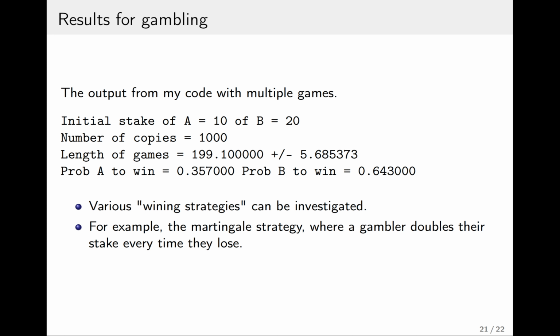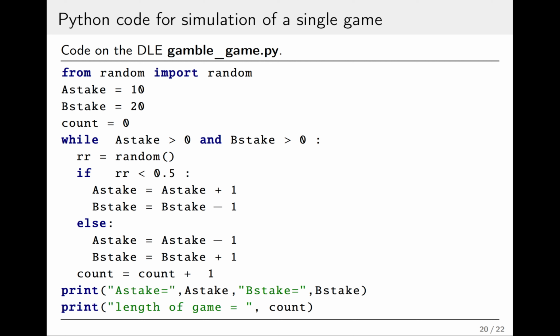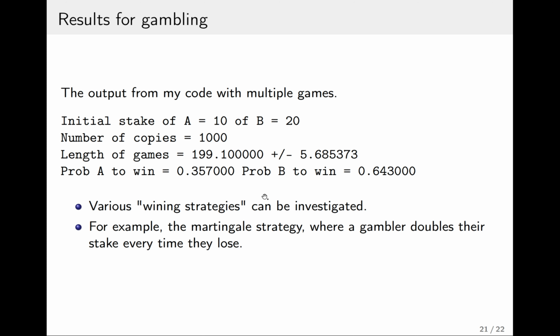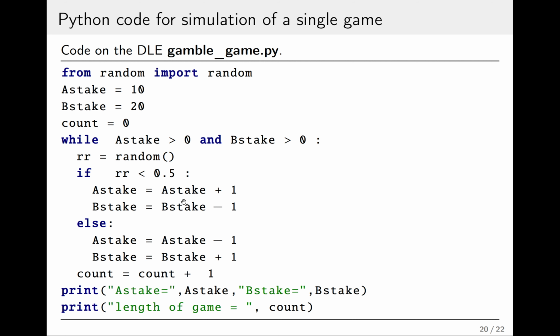You can also then, at the moment this is a very simple betting strategy, that every time you bet a pound, depending on the random number, but you can try investigating different betting strategies. So there's the martingale strategy where a gambler doubles their stake every time they lose. So then you'd have to modify here. Here we're just betting £1, but if you lose, instead of betting a pound, next time you bet £2, and you're trying to cover your losses.